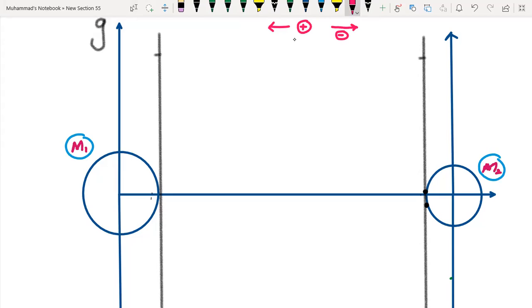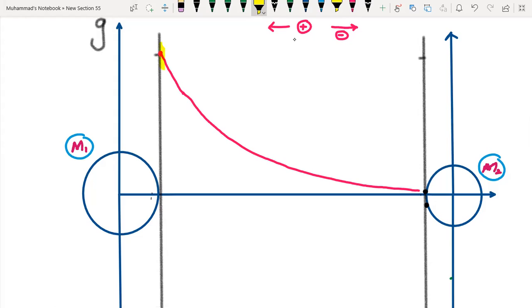So let's draw it. It will start from some maximum value, and it will decrease. It will follow the inverse square law. That's how the gravitational field strength due to mass m1 varies.